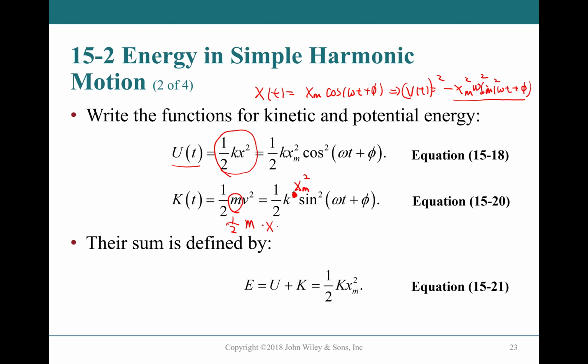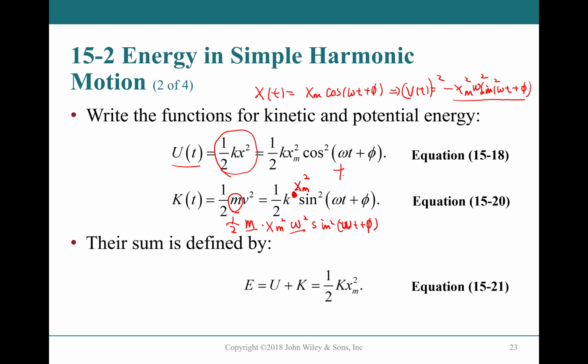So you times xm squared omega squared sine squared(omega t plus phi). Okay, so m omega squared is your k, and your xm, you should write it here. So it's 1/2 k xm squared sine squared(omega t plus phi).